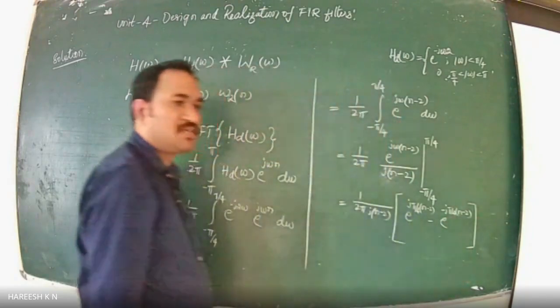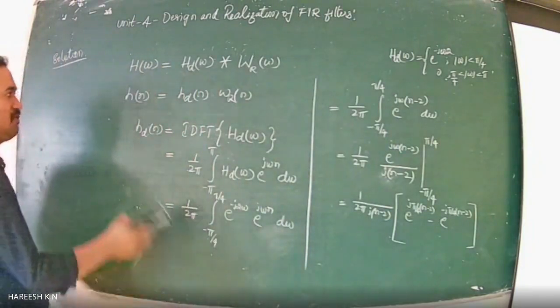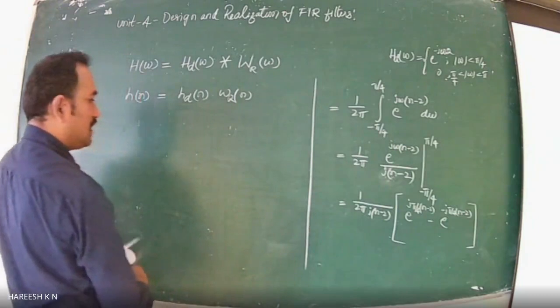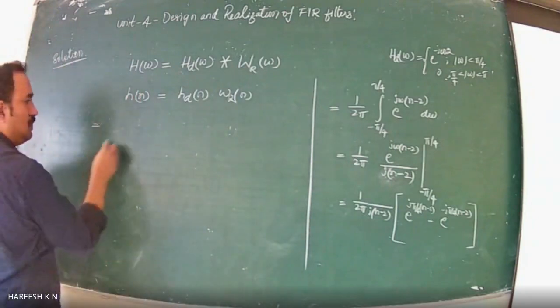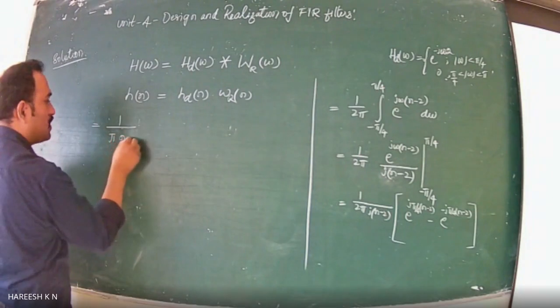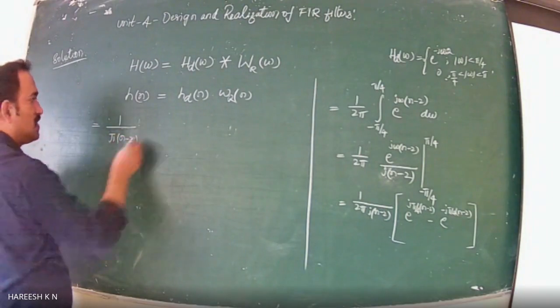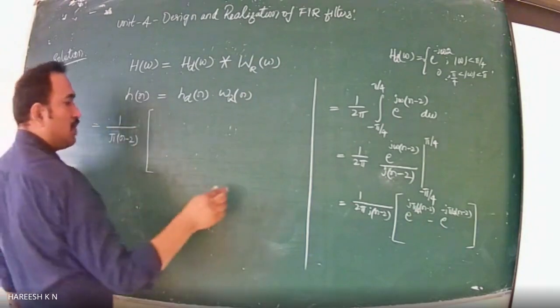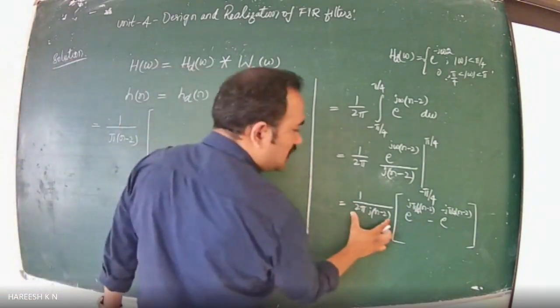Now, this is the expression that will be left behind if I apply the limit over there. That is equal to 1 divided by pi into n minus 2, which I will retain as it is, and I will move that 2 into j to the denominator of this. Obviously, this is in the denominator.